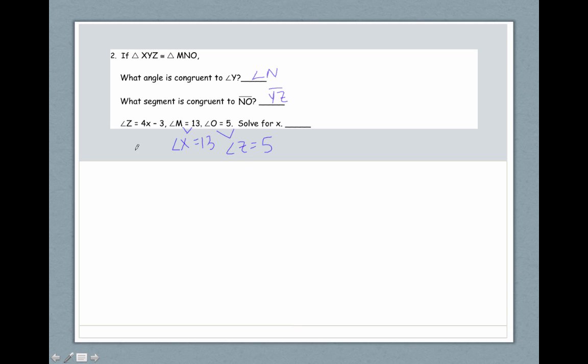So if we look at what's relevant here, Z, 4x minus 3 is 5, 4x is 8, x is 2. So this part didn't even matter. We could have solved for angle N, and then we would have known everything about everything, but we didn't need to. We just needed to know x.